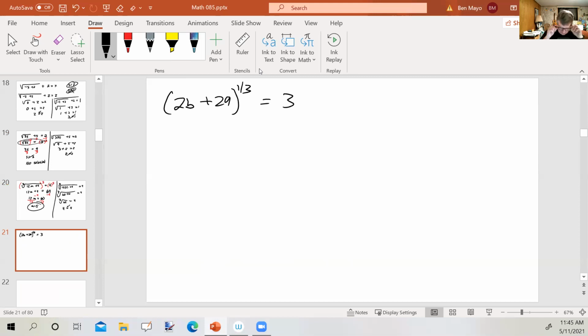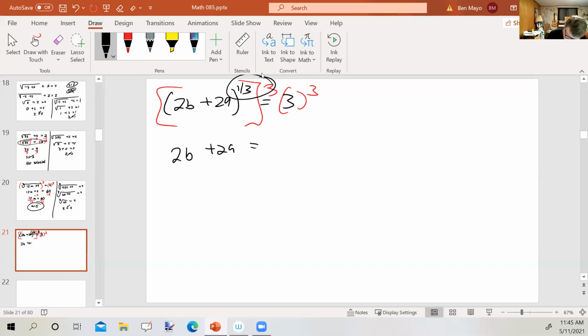Okay, so we're going to again cube both sides. A power raised to a power, you multiply the exponents, so the 1/3 power or the cube root, same thing, becomes to the 1 power. So we get 2b plus 29 equals 27. 3 cubed, 27.